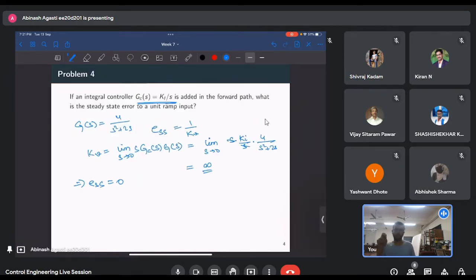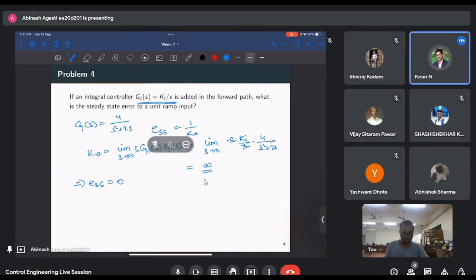So if we have a system with some constant steady state error and we add one integral controller, just one integrator 1 by s, in the open loop transfer function, then we can achieve zero steady state error. Okay, is it clear? So that is why integrators are a powerful tool to get to zero steady state error.